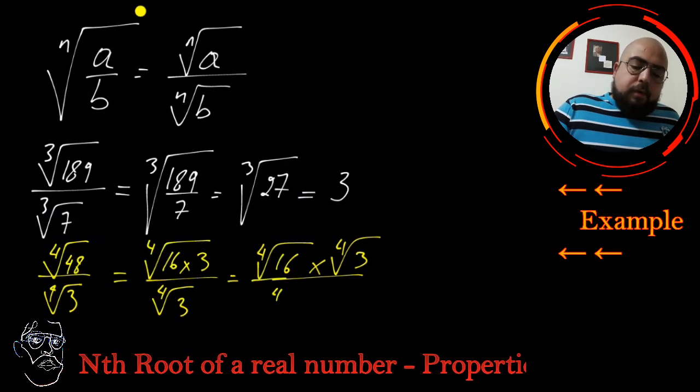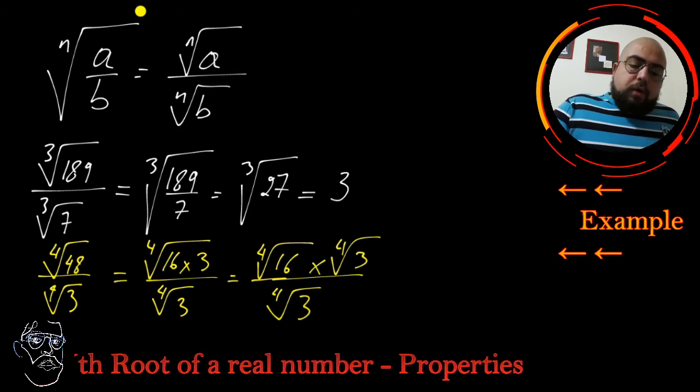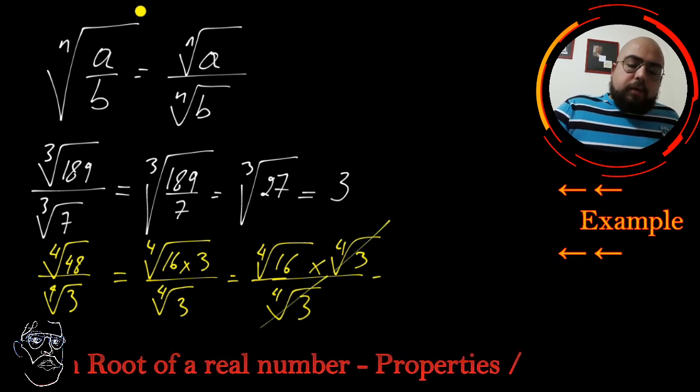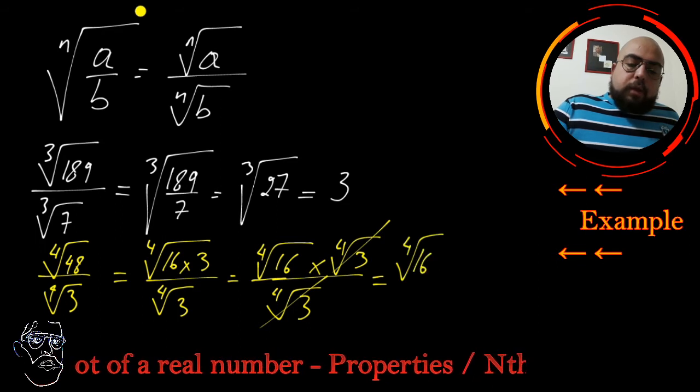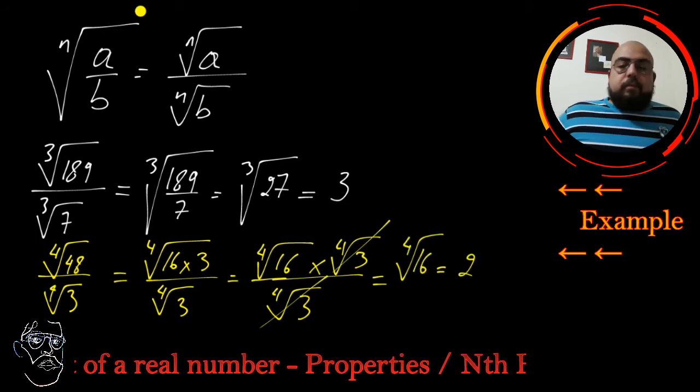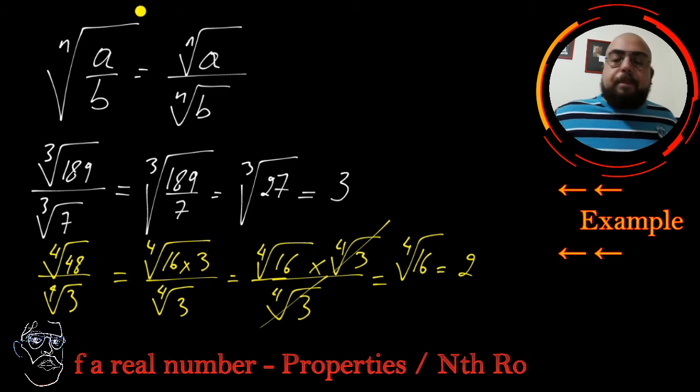So they can cancel, we can cancel out this part. It will be the fourth root of 16, which is 2. All right.